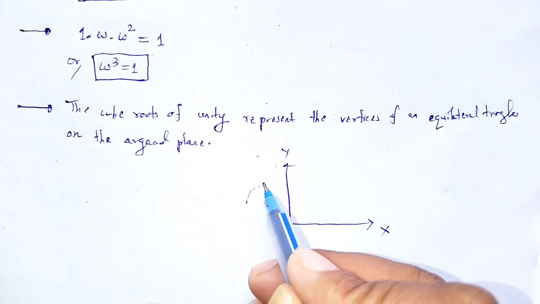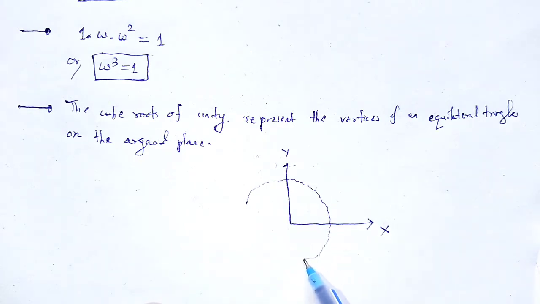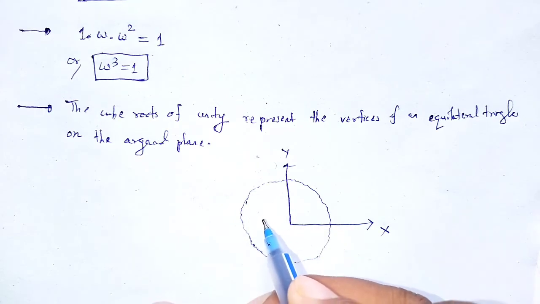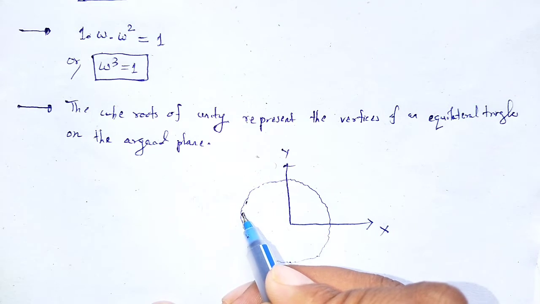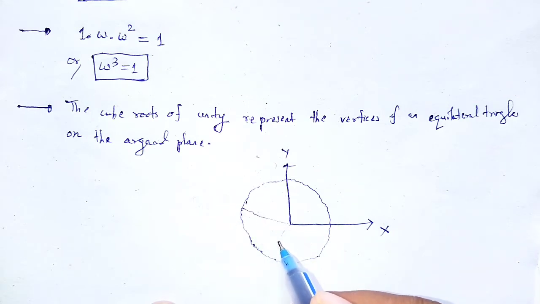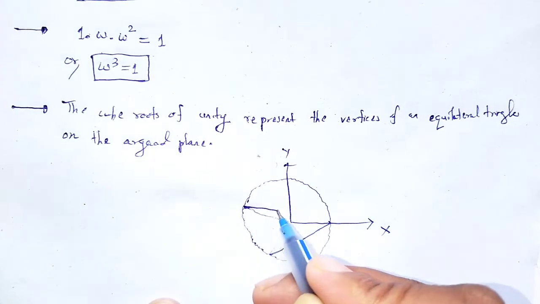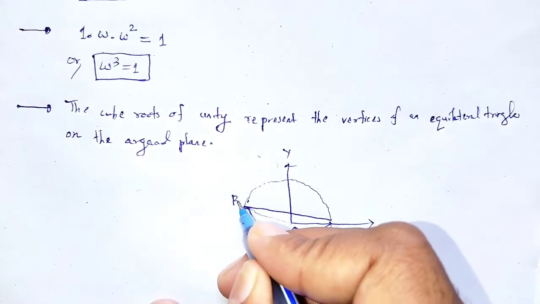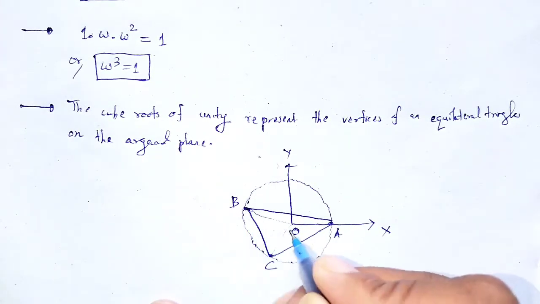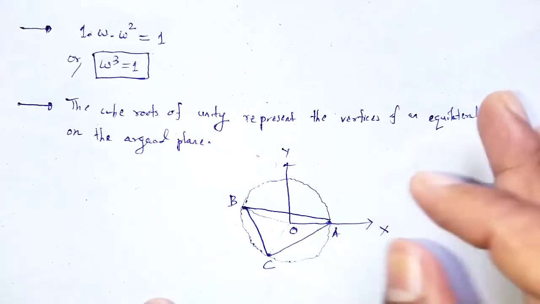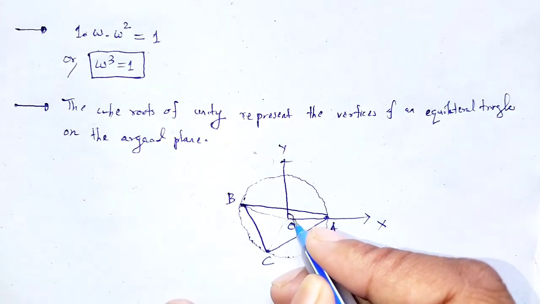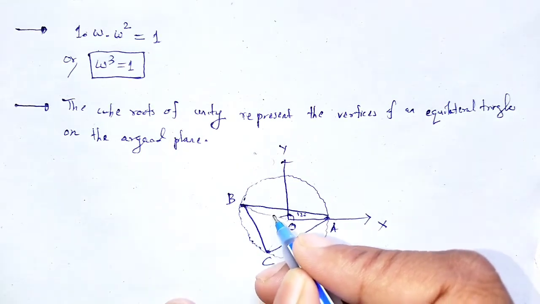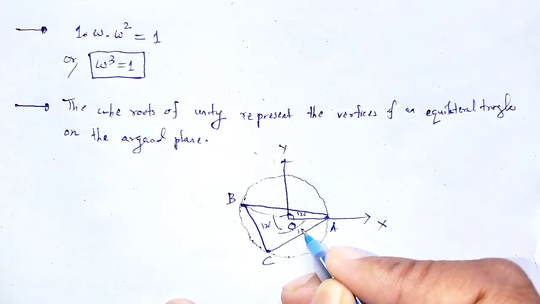So the triangle is basically formed with vertices as A, B, C. These points A, B, C are the vertices of that equilateral triangle ABC. Here the angle is 120 degrees, that angle 120 degrees, this angle also 120 degrees.